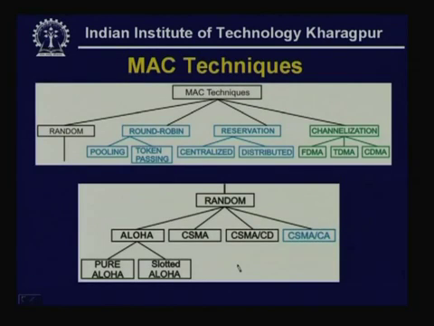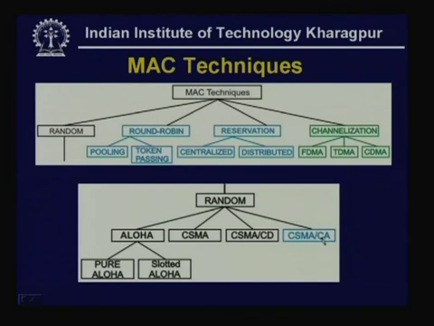So here is the basic overview of the medium access control techniques. As I mentioned, in the first lecture, I discussed the random access type protocols like Aloha, CSMA and CSMA-CD. And the Aloha has two different varieties, pure Aloha and slotted Aloha.